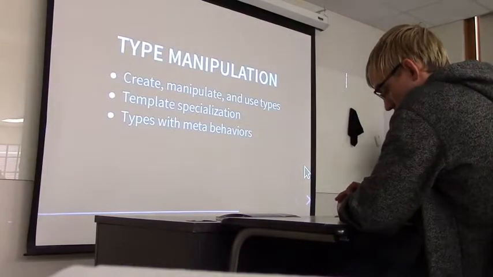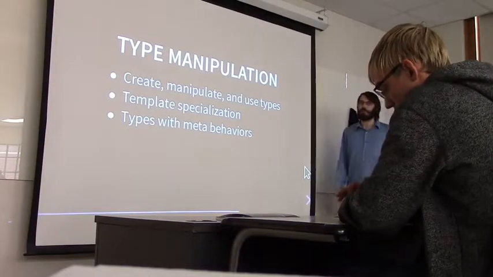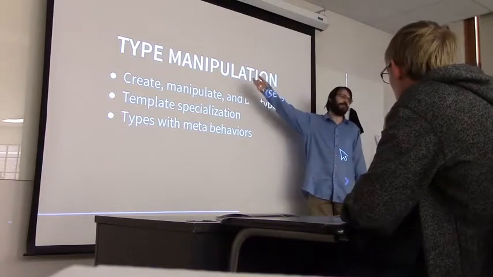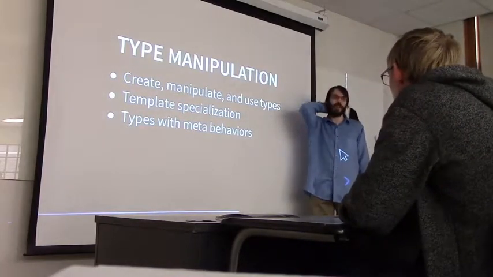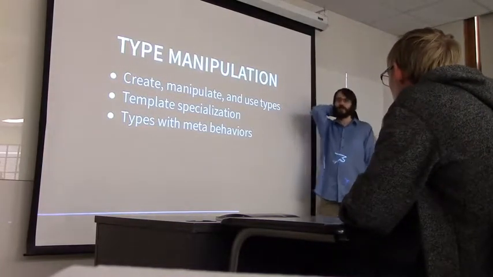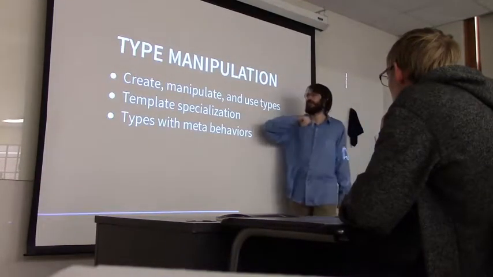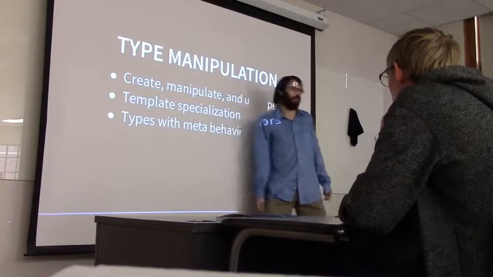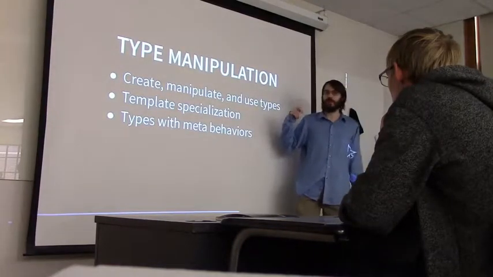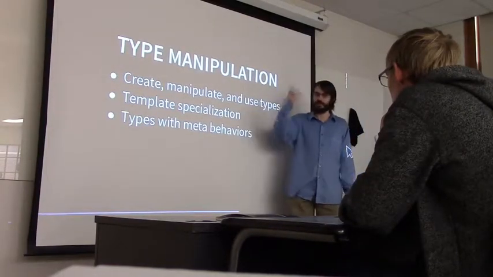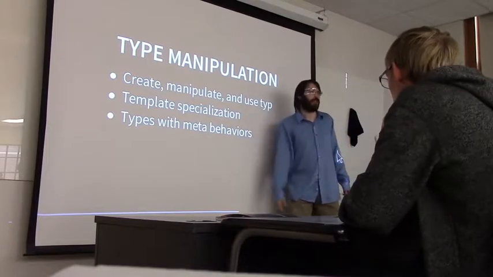Okay. Type manipulation. Manipulating types for metaprogramming in static languages is really important. So we need to be able to dynamically create and manipulate and use types. We need to be able to instantiate types from a template given something.